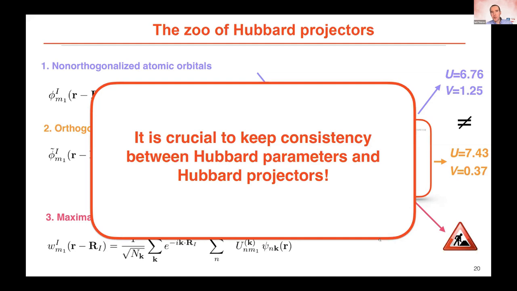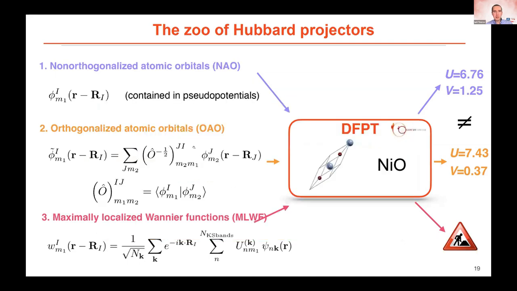And the question is, which type of Hubbard projectors should I use? From our experience, the orthogonalized atomic orbitals are more accurate than non-orthogonalized ones. And they are more accurate because in the overlap regions, we don't apply the Hubbard U correction twice.